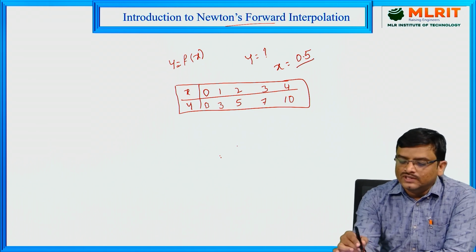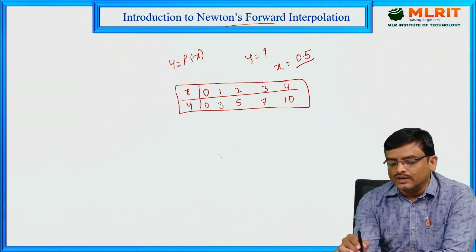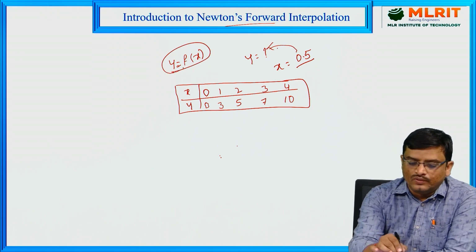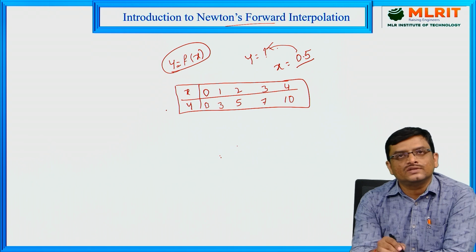At x is equal to 0.5, to find the value of y for the unknown function y is equal to f of x, we have to take the help of Newton's forward interpolation.